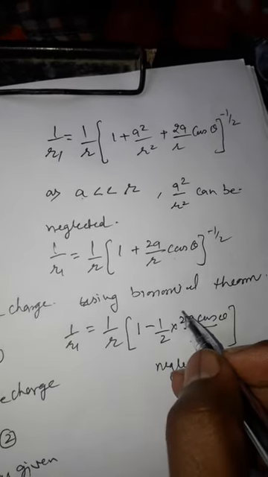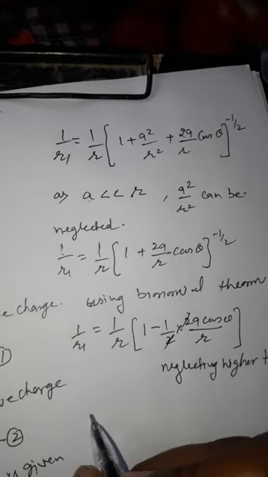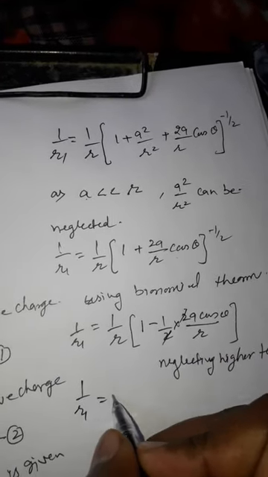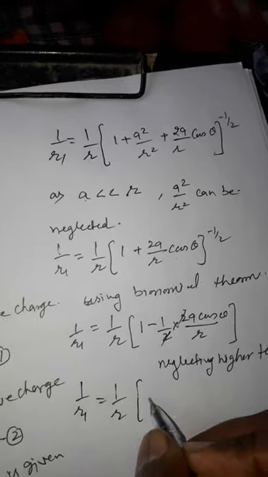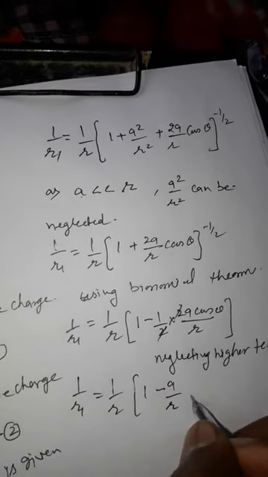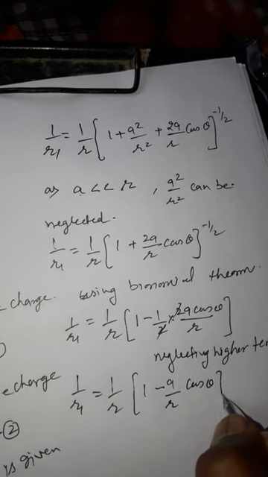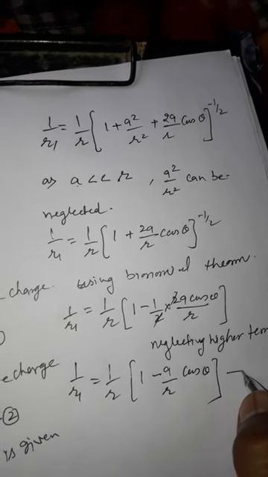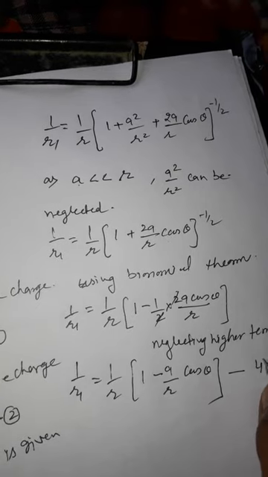So 2 cancels out, and we remain with 1 upon r1 equal to 1 by r into 1 minus a by r cos theta. Say this is equation number 4.